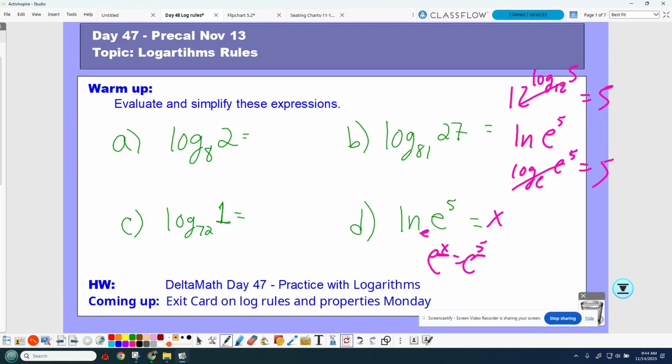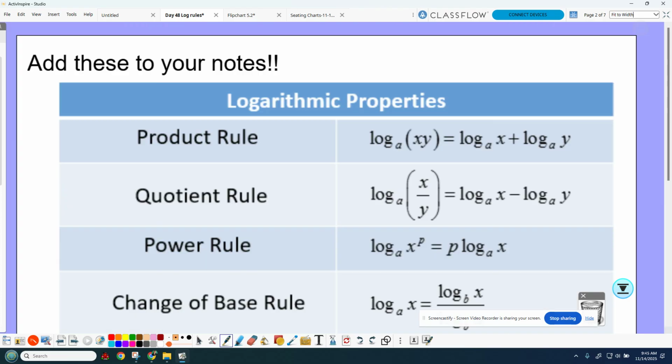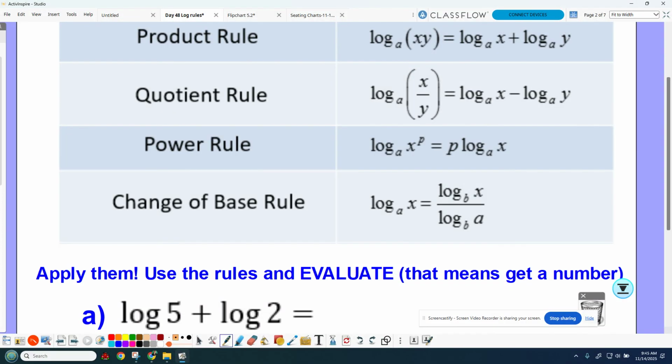Okay. Questions? Yesterday I asked you guys at the end of class to write down these properties. So, Natalie, can you see these at all back there? Any better? Okay, so if you don't have them written from yesterday, write them down.